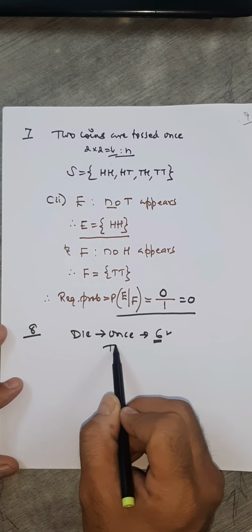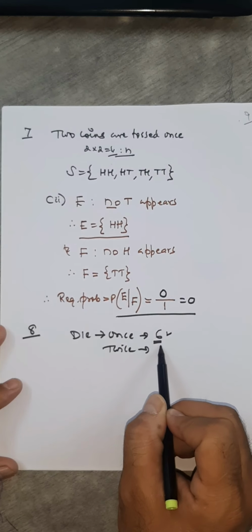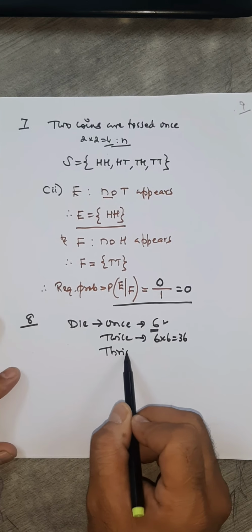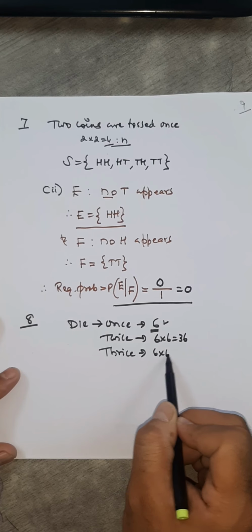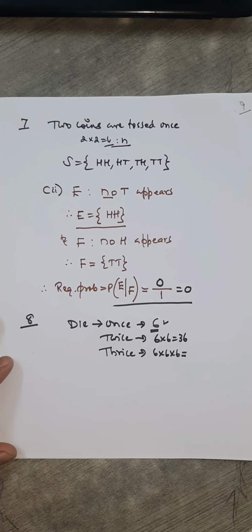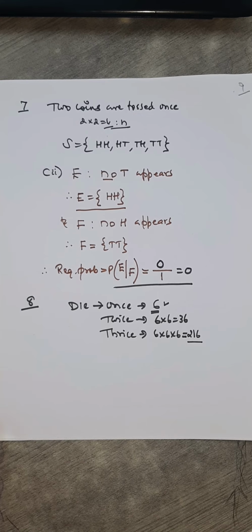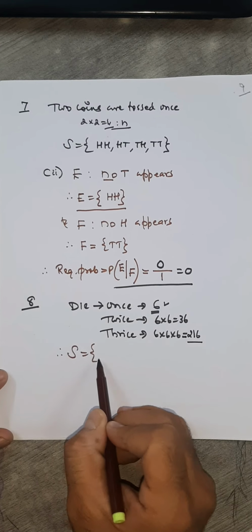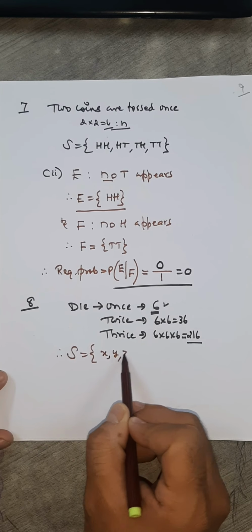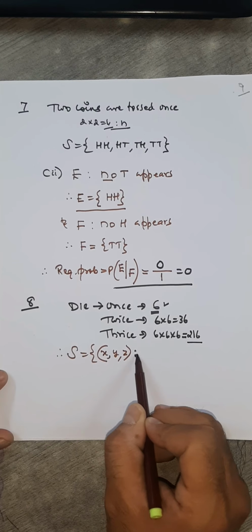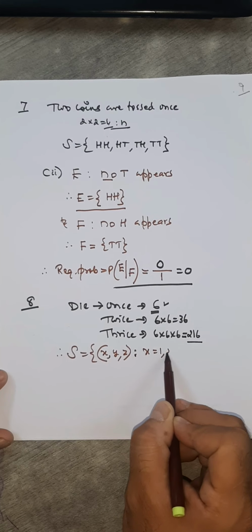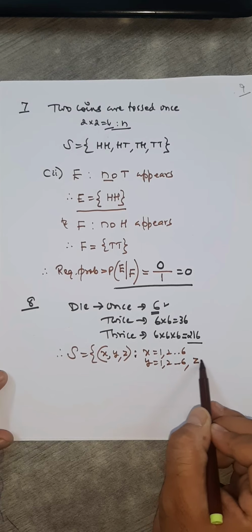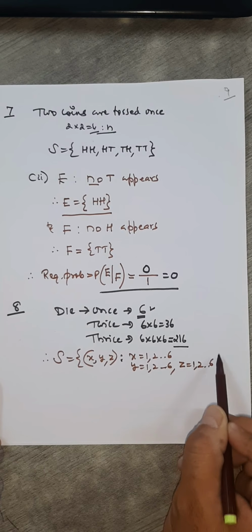If it is tossed twice, you have 6 into 6, 36, and thrice, then you have 6 into 6 into 6, that is equal to 216. So the main sample space is this. Like this you can write x, y, z, such that x runs from 1 to 6, y also runs from 1 to 6, and z also runs from 1 up to 6.